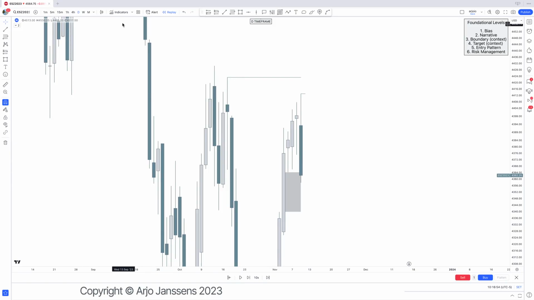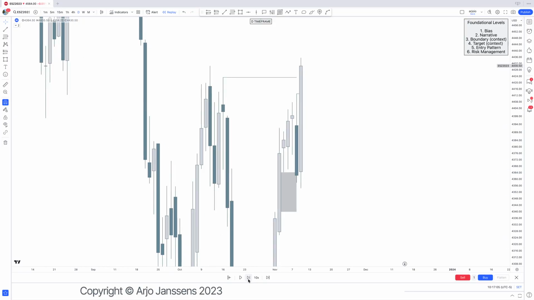Then you use the entry pattern time frame to use this as a boundary to look for your entry pattern, to get involved, to target higher. But at that moment in time, if we do not do that and we create a new discount array sitting right there, the previous day low, that is now the new boundary.